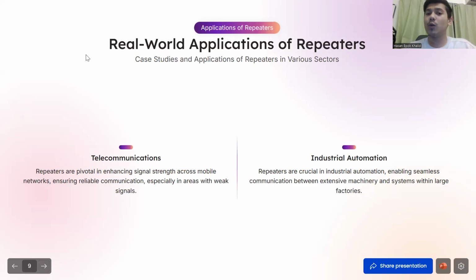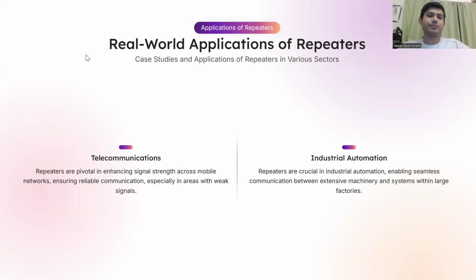Okay, let's see some real-world applications of repeaters. In telecommunication, repeaters are pivotal in boosting signal strength across mobile networks, ensuring reliable communication, especially in areas with weak signals. And in industrial automation, repeaters are crucial, enabling seamless communication between extensive machinery and systems within large factories.